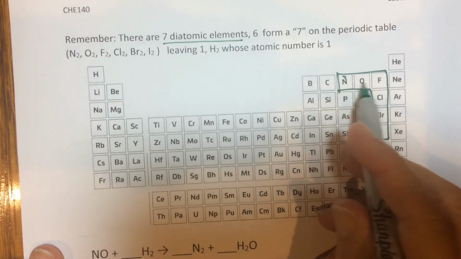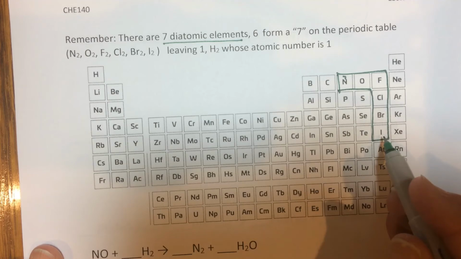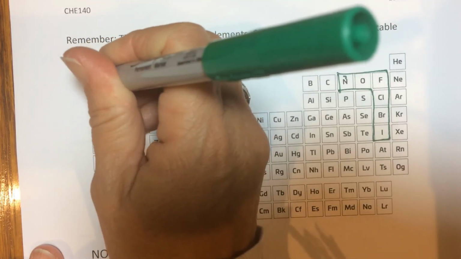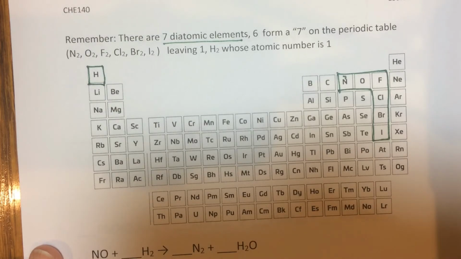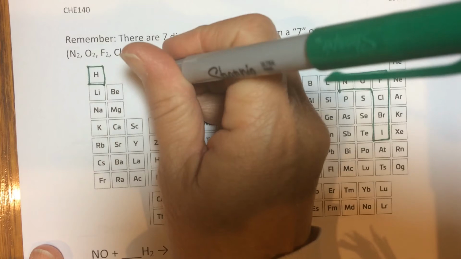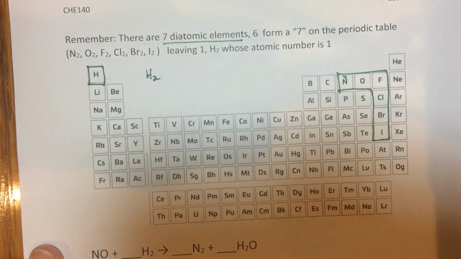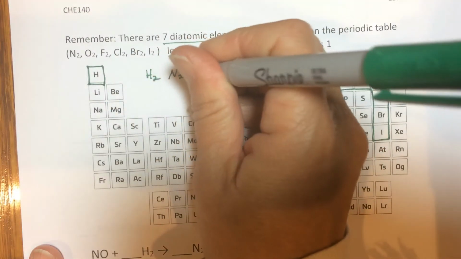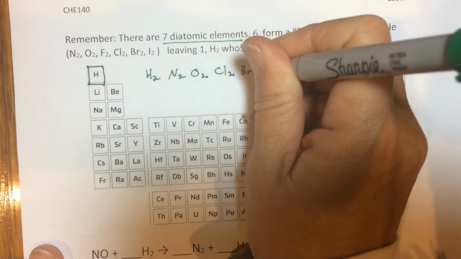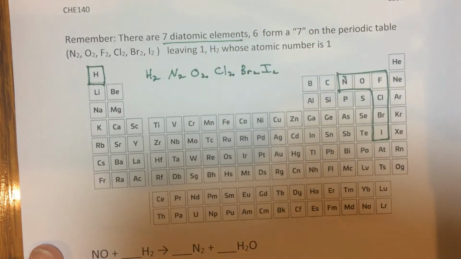Well, that's 1, 2, 3, 4, 5, 6 elements, so we have 1 left over, and it'll be atomic number 1, hydrogen. So if we have a hydrogen gas given off, the hydrogen is going to appear as 2 hydrogens stuck together. Nitrogen is the same way. Oxygen, chlorine, bromine, and iodine. Those will all appear as diatomic.